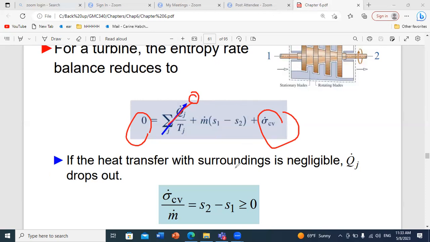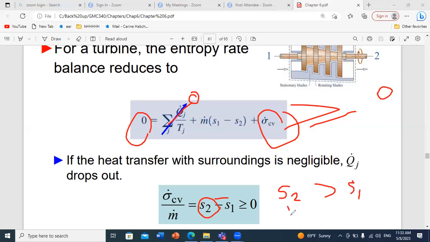What can you conclude then? You can conclude that since sigma dot is larger or equal to 0, then s2 minus s1 will be larger or equal to 0. If reversible process, s1 equals s2. If irreversible, then s2 should be larger than s1. And because for the irreversible case s2 should be larger than s1, then h2 should also be larger than h1.